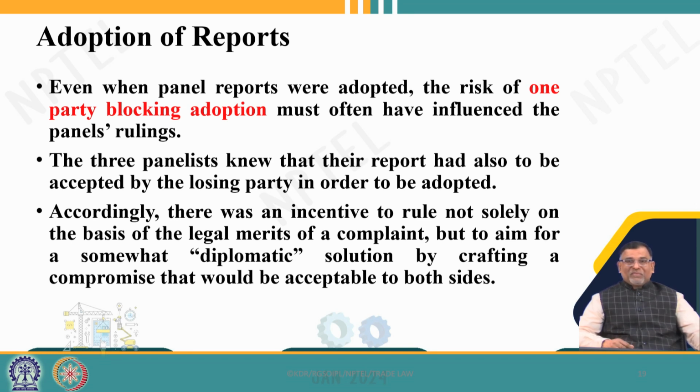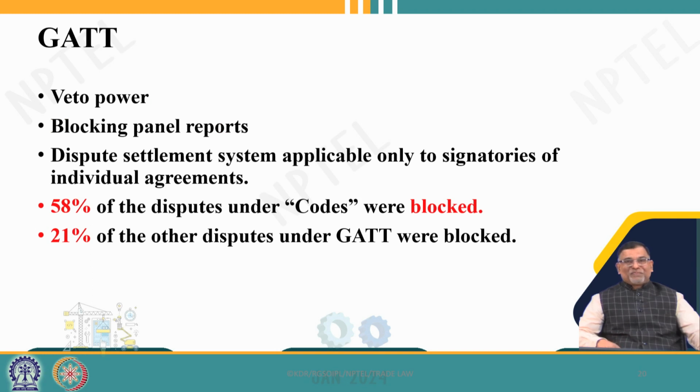So, it was not truly a rule based system, even though the panels decided the cases on merit, and it is more of a diplomatic solution which happened in the GATT dispute settlement system.